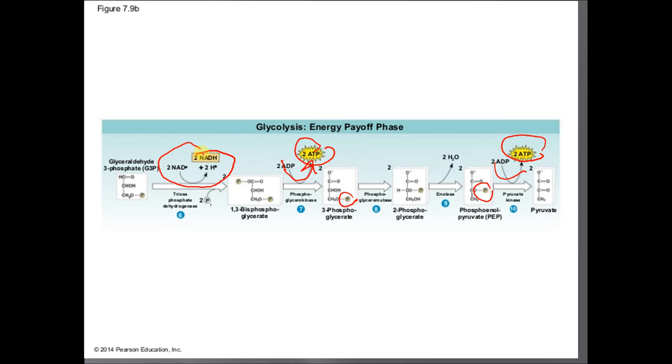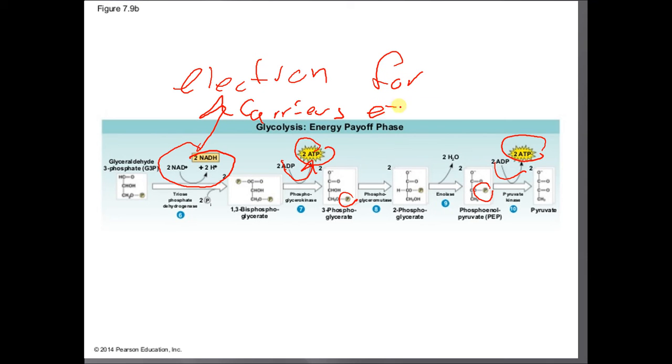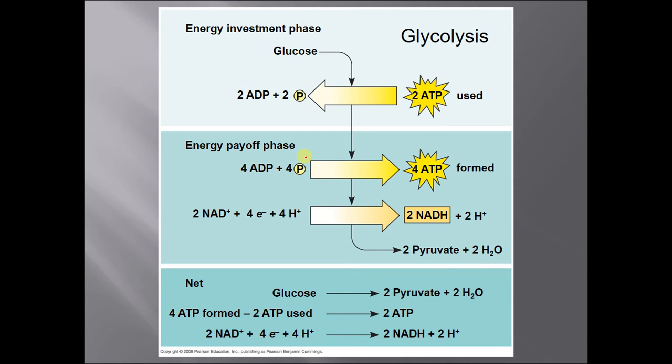We also make 2 NADH, which are electron carriers for the electron transport chain. We're storing up electrical energy, electron potential, in the form of NADH for the electron transport chain later. So, in all, in glycolysis, we start out with glucose.